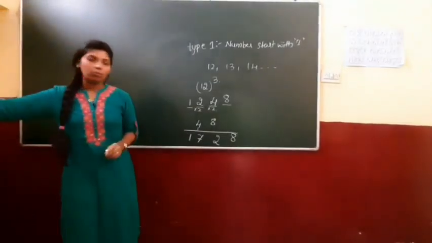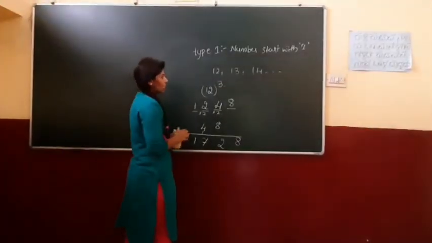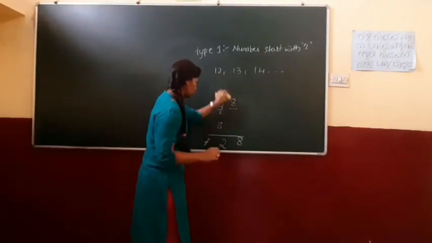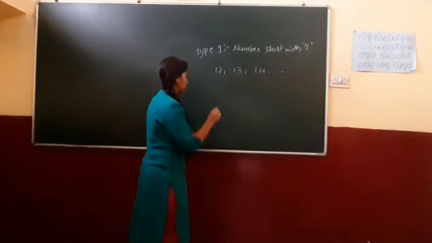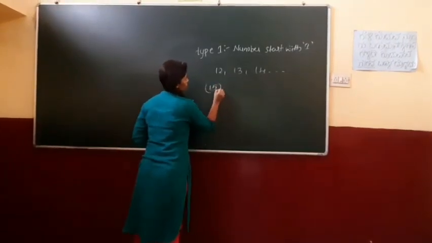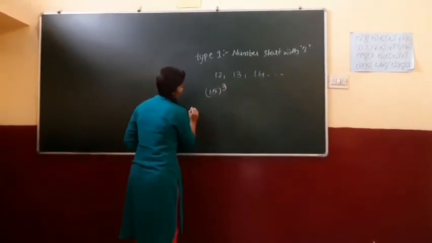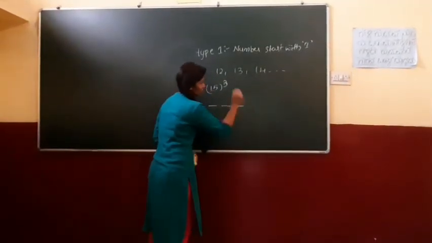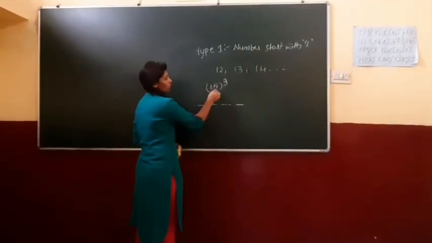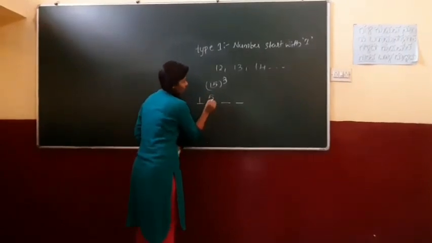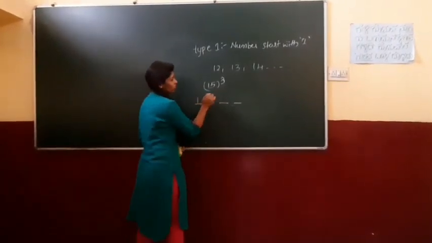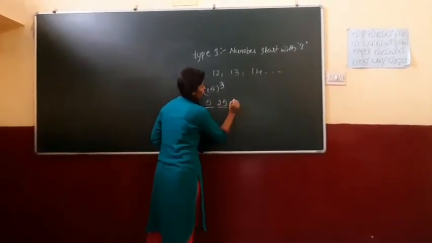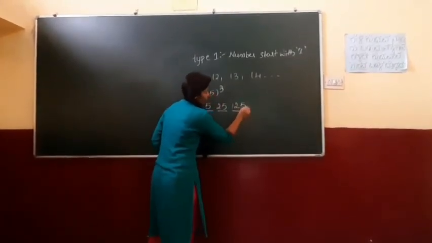To help you understand better, I will take another example, 15 cube. Again we repeat the same method. We put 4 spaces here. Then we write 1 and 5 as it is. Then we square the 5, that is 25. Then the cube of 5, that is 125.